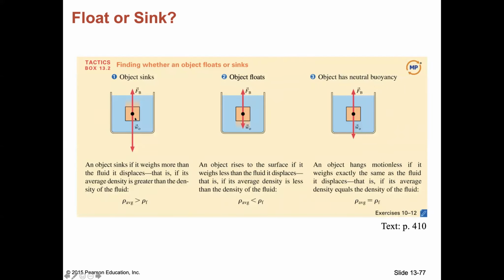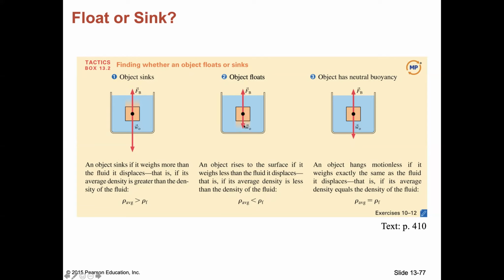So here are all the examples. If the density of your object is greater than the fluid, the weight should be greater than the buoyant force, so it sinks. If the density of your object is smaller than the density of the fluid, then the buoyant force is greater than the weight.